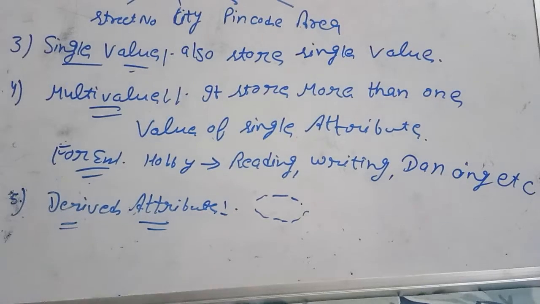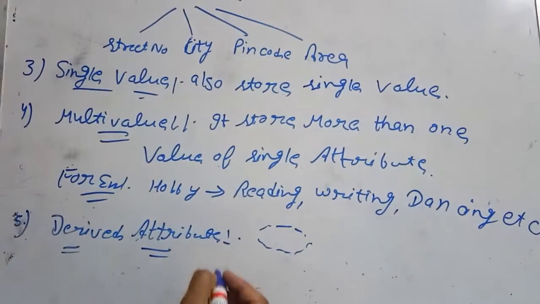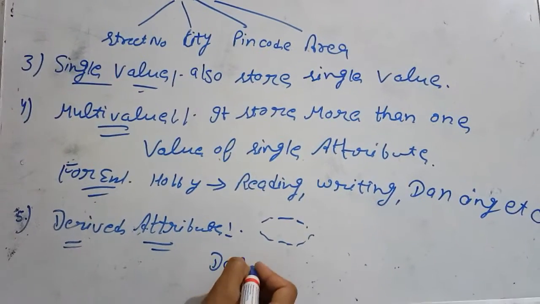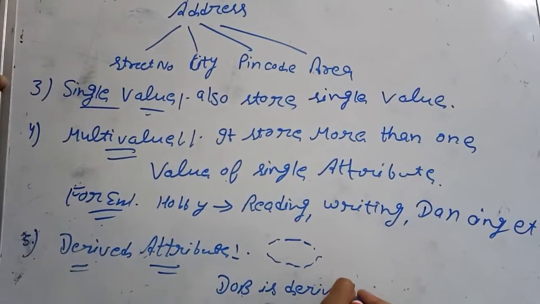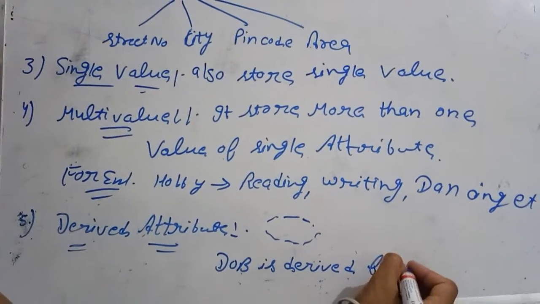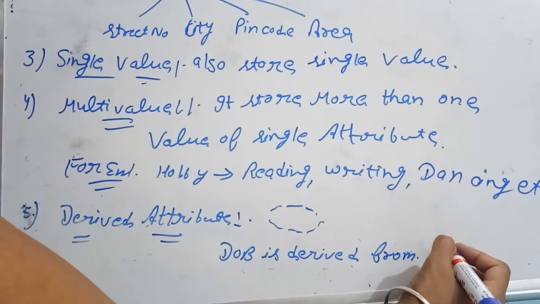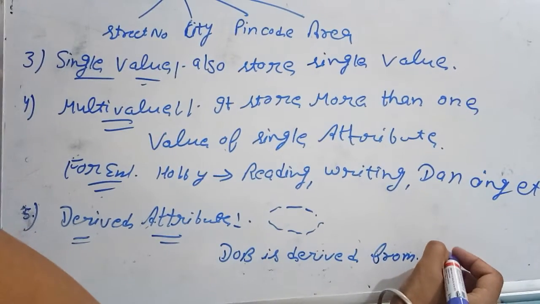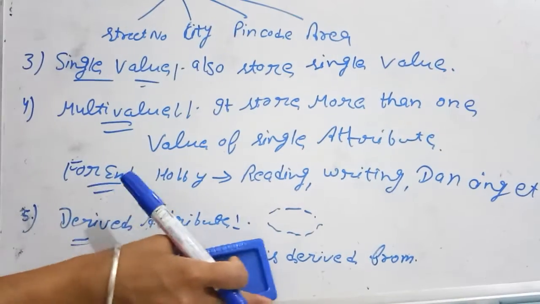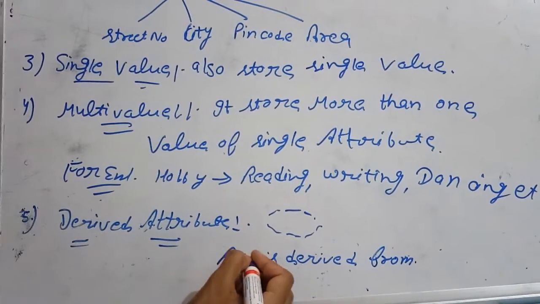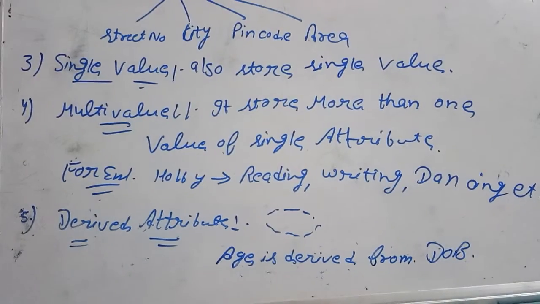Derived attributes are those which are derived from another attribute. Sorry guys, age is derived from the date of birth attribute, like this.